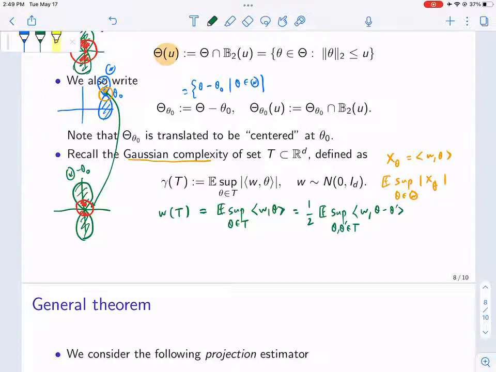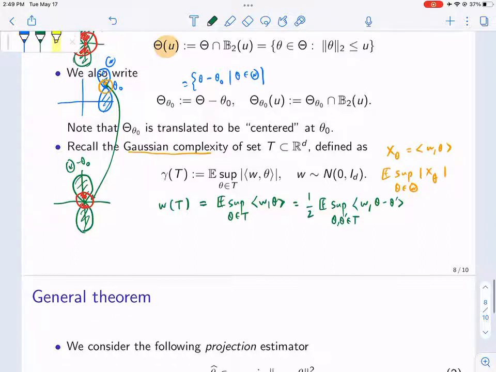It's very close. For example, if T is symmetric around 0, these two are the same, because I can flip. And this is equal to this always, whether T is symmetric or not. It's not hard to justify this for yourself.